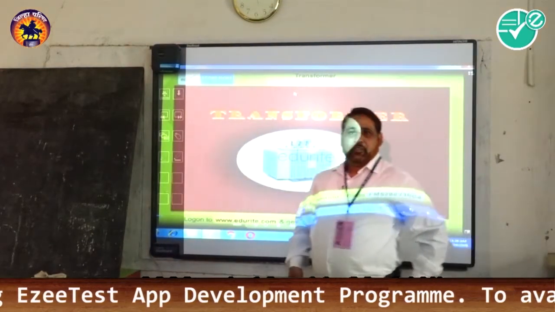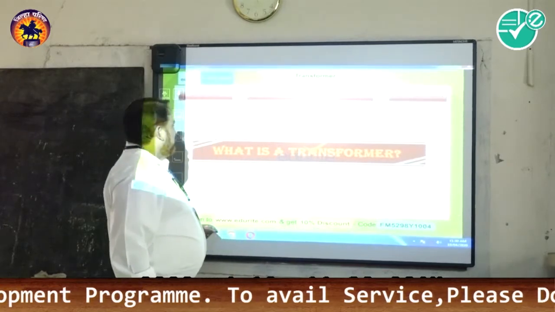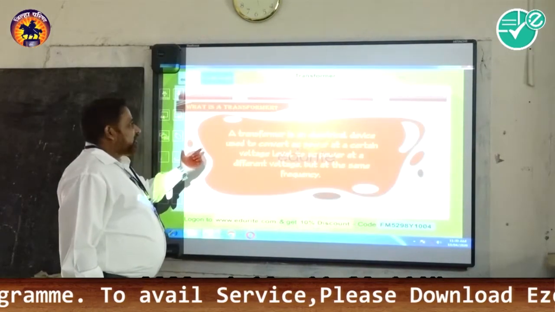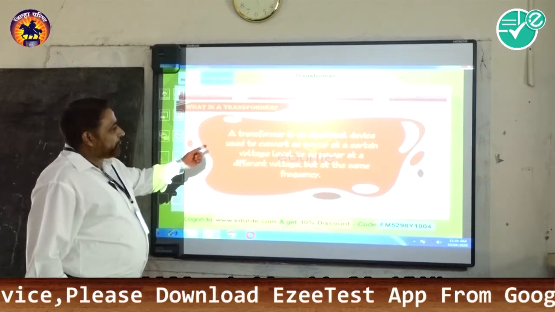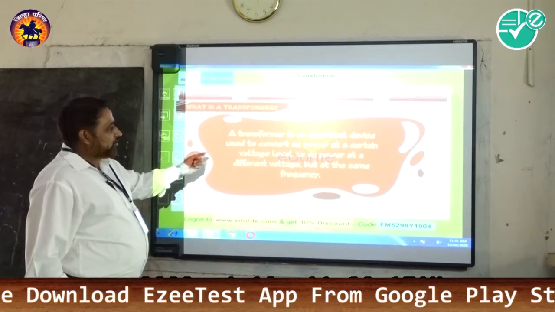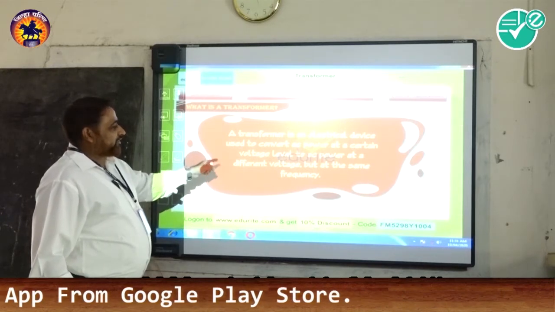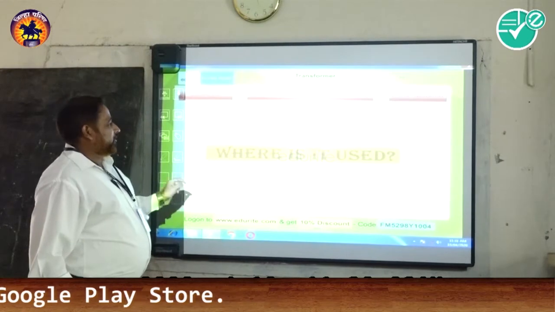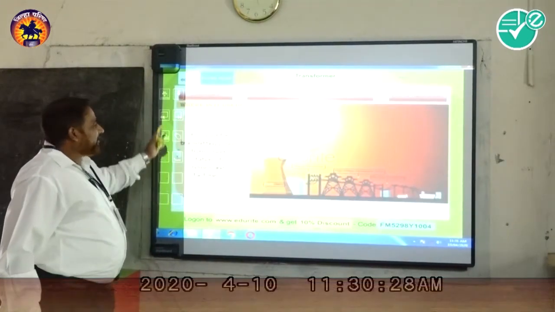See here, the transformer is going to be shown at the board. What is a transformer? A transformer is an electrical device used to convert AC power at a certain voltage level to AC power at a different voltage but at the same frequency. Now see here where it is used.